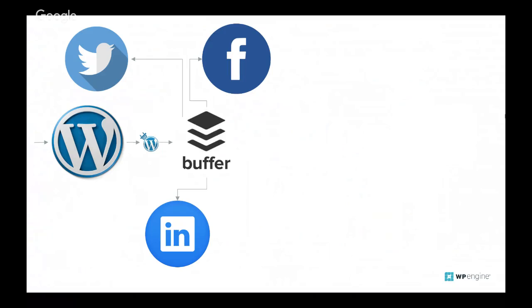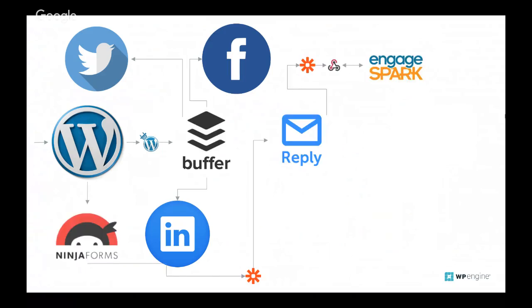From there, we obviously want to bring a response. We want to do something with that. We're not just pushing it out for no reason. We need something to come back. So we will have a link to a landing page. Somewhere along there, we're going to have a way for somebody to input some data. One of the ways we can do that is with, for example, Ninja Forms.